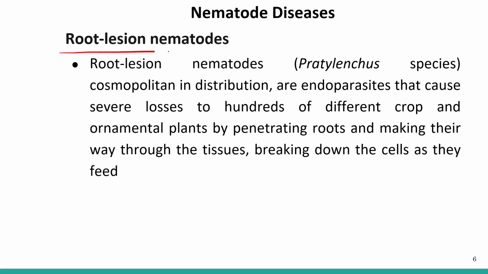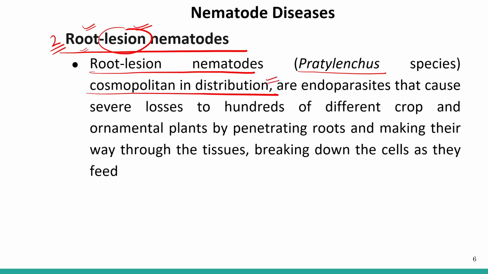Second one is the root lesion nematode, meaning a lesion-like structure can be seen in the root. The root lesion nematode, Pratylenchus species, is cosmopolitan in distribution, meaning they are found everywhere.